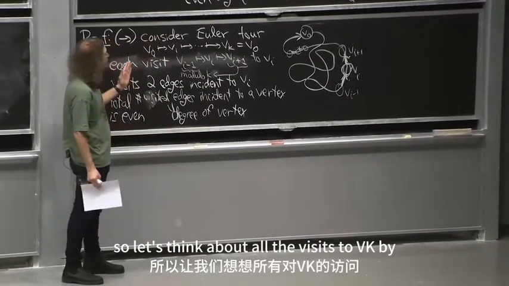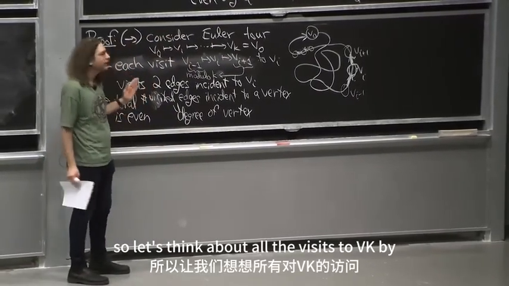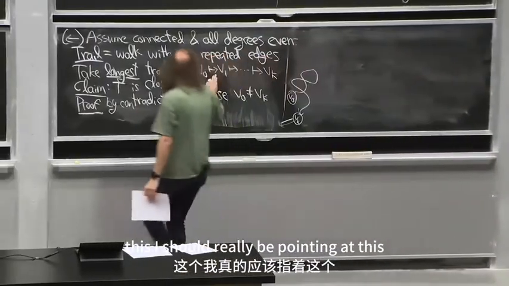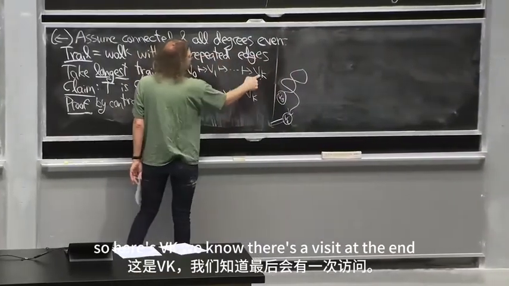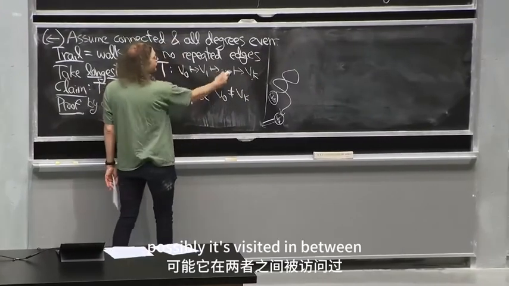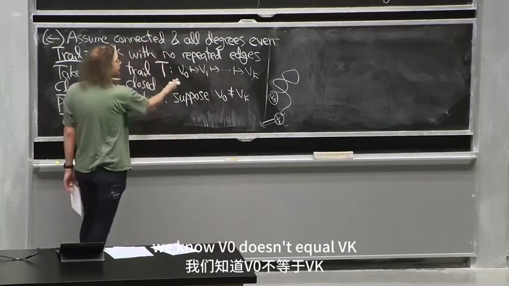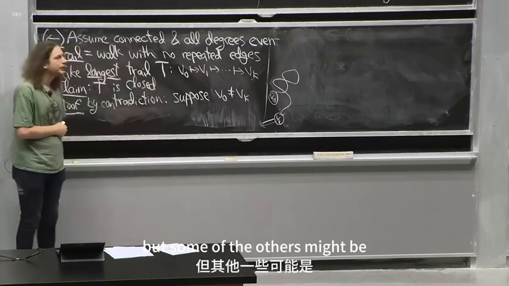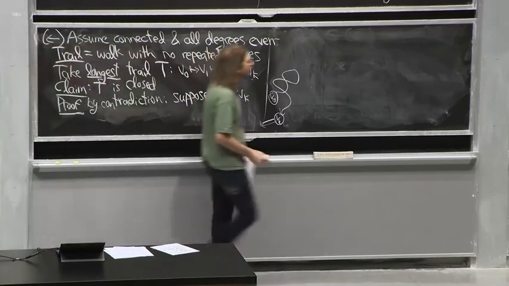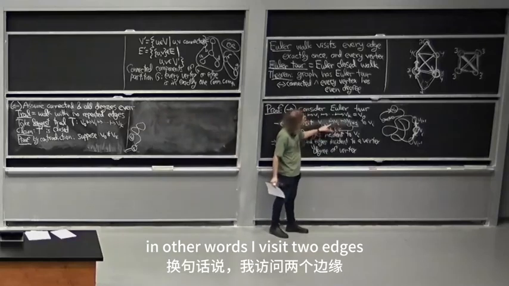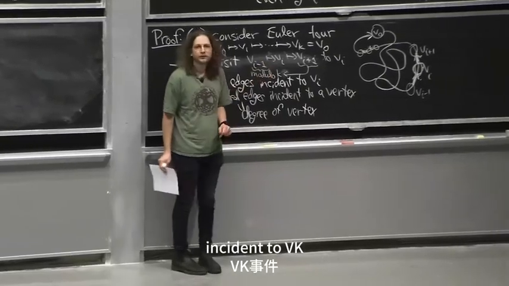Let's think about all the visits to vk. Here's vk. We know there's a visit at the end. Possibly it's visited in between. Maybe some of the vi's equal vk. We know v0 doesn't equal vk, but some of the others might be. Every time I visit one of those, it looks exactly like this. In other words, I visit 2 edges incident to vk.